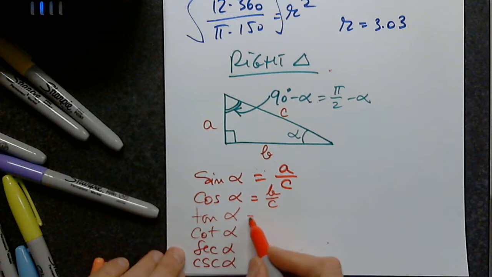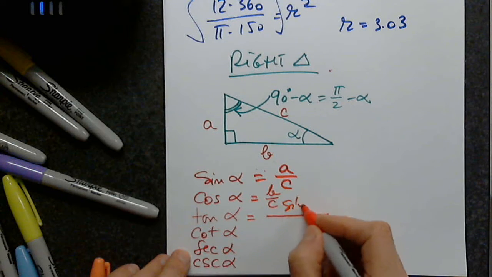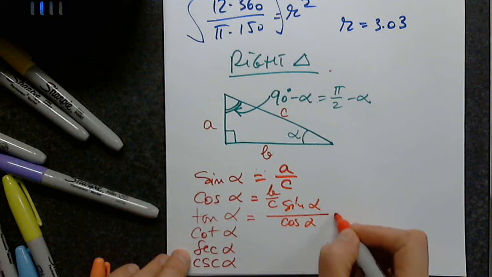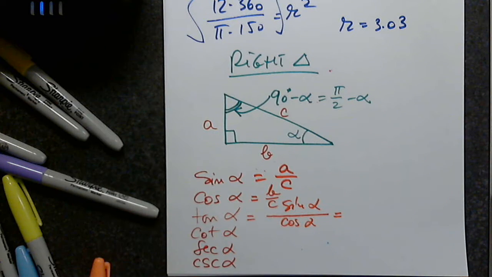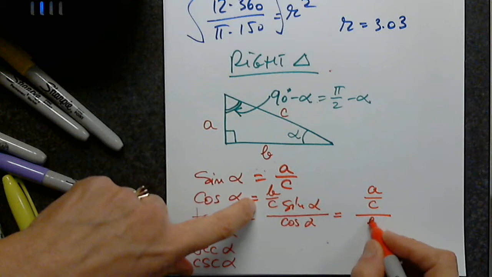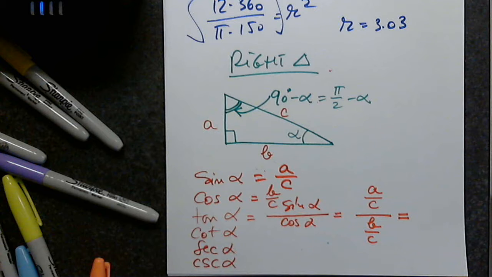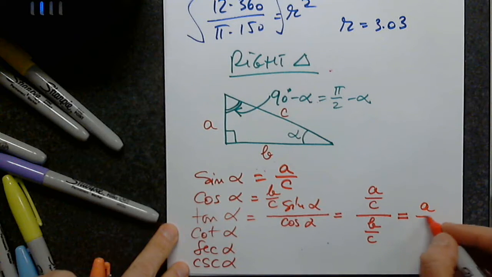Tangent alpha, by definition, is sine alpha over cosine alpha. I copy sine alpha, A over C, over B over C, and after I simplify, what do I get? Very good.